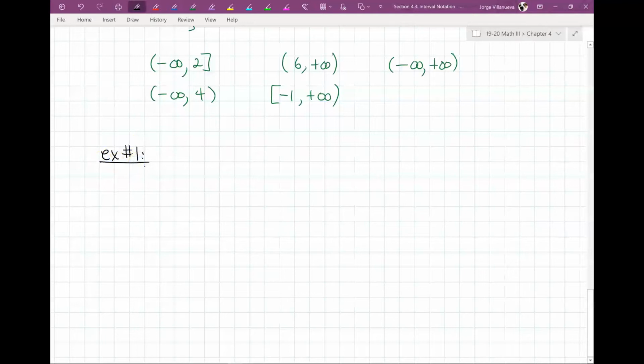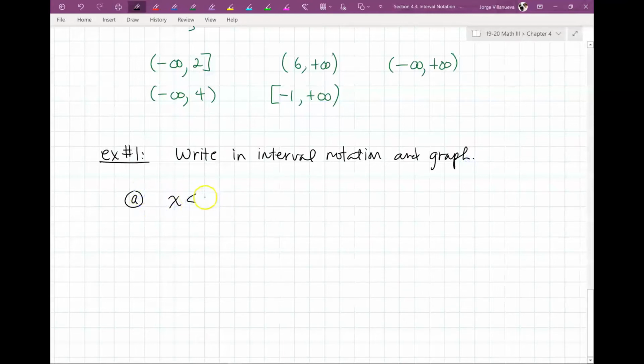They might tell you that they want you to write the following in interval notation and graph. And we'll do 2 little problems here: x less than 10, and x greater than or equal to 4.